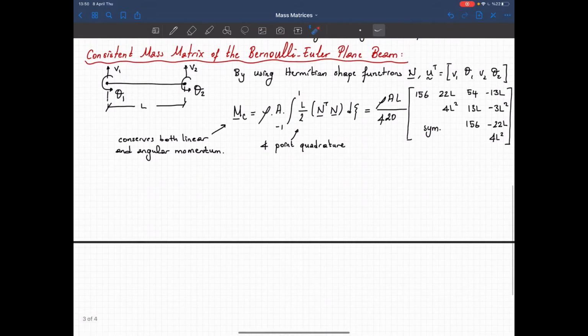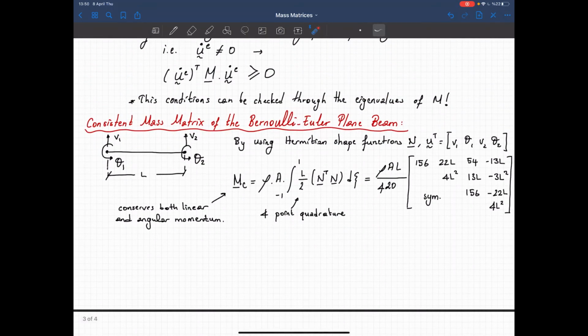So let's take a look at how we can obtain the lumped mass matrix of the Bernoulli Euler beam.